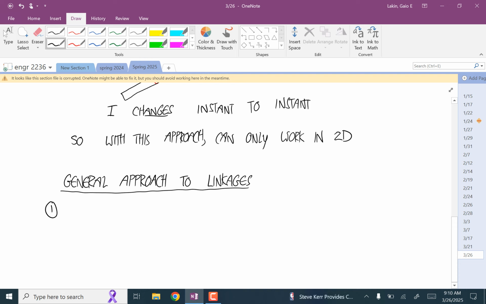So first, do the rigid body analysis for each of the rigid bodies that make up the linkage. So I'll say the rigid body kinetics steps for each rigid body in the linkage.